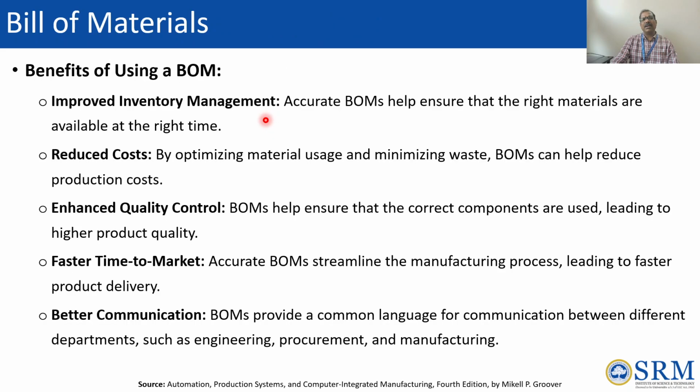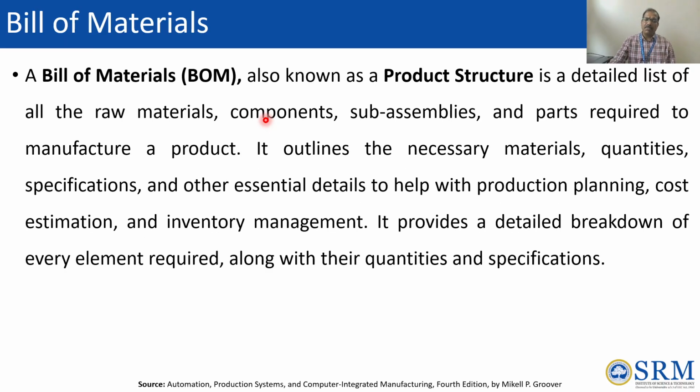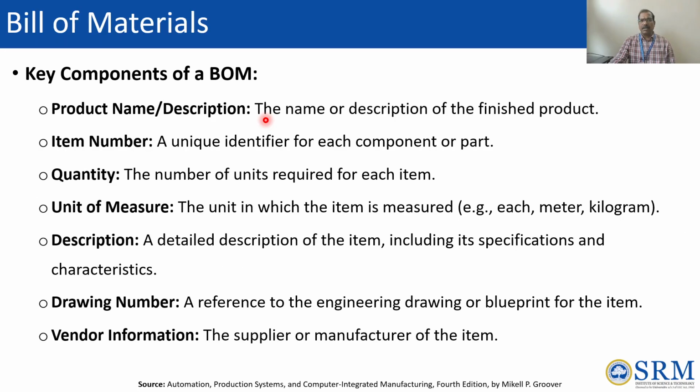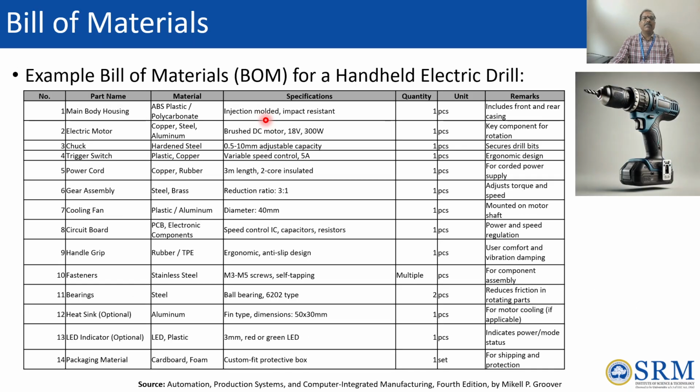So in this lecture I discussed what is bill of material, what are the key components available in the bill of material, types of bill of materials, what are the benefits and uses, and some examples of bill of material, handling an electrical drilling machine as an example.